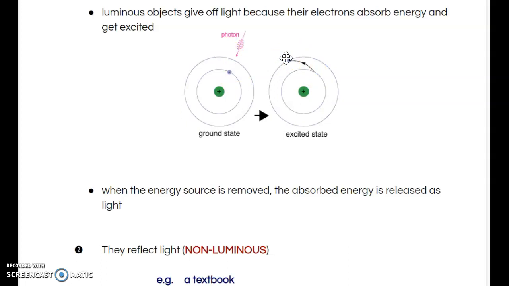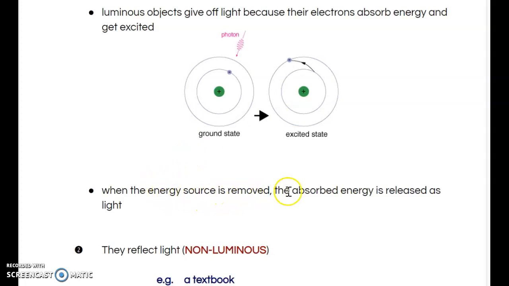Once it's up there, it has to come back down to its original shell. That coming back down to its original orbit is what actually causes light to be released, in the form of energy waves or radiation. That's what actually causes the light, the jumping back down to its original orbit, not the moving up to its excited state.